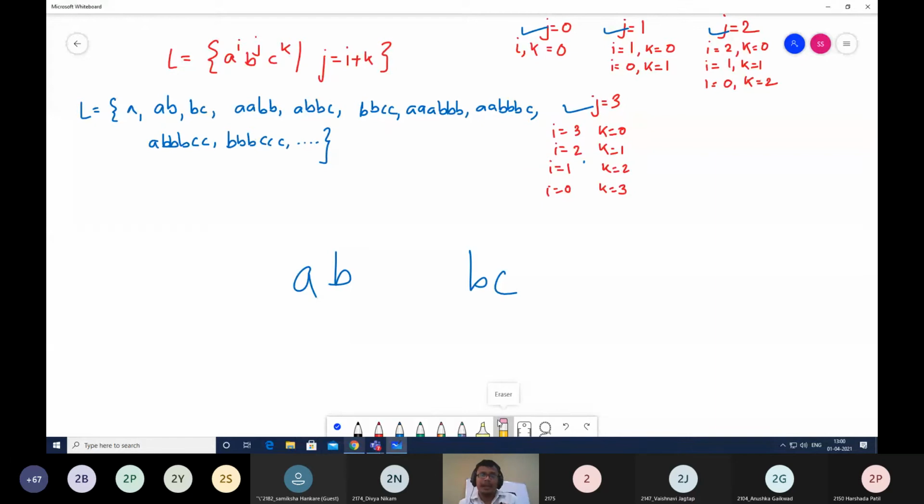So we need some pattern where I'm having A with B, and some pattern where I'll have B with C. In this sequence, first A's and B's will come, so first this part will come in my string, and then these parts will come, because the sequence of string has symbols first A's, then B's, and then C's. Are you getting this?